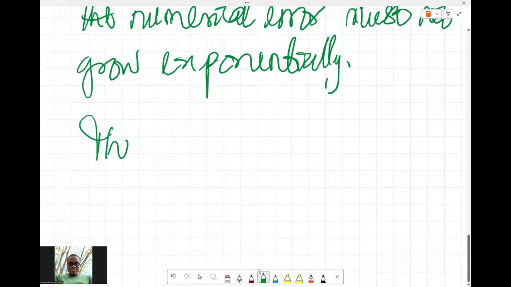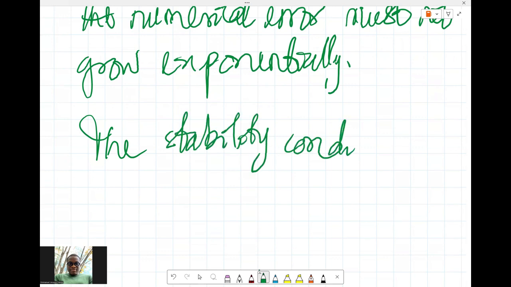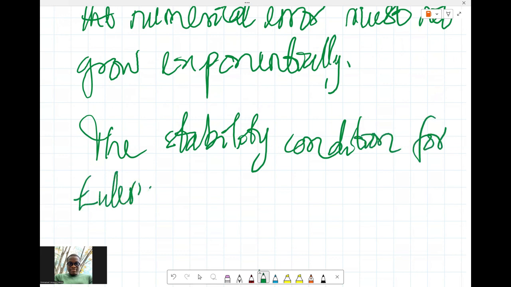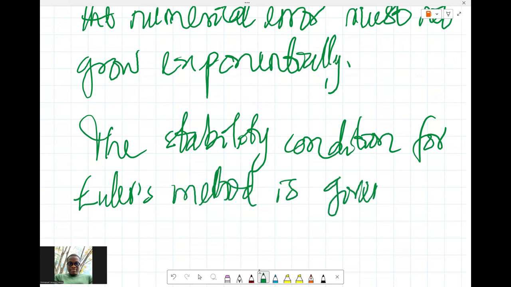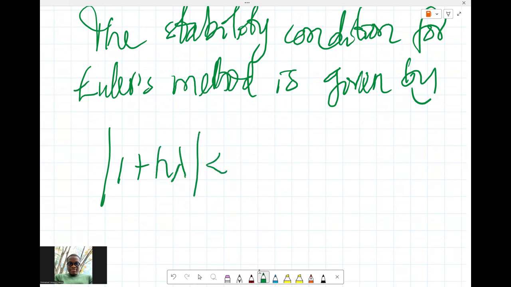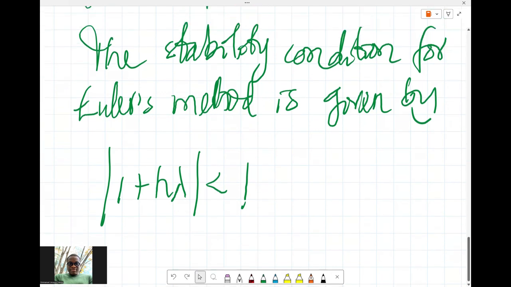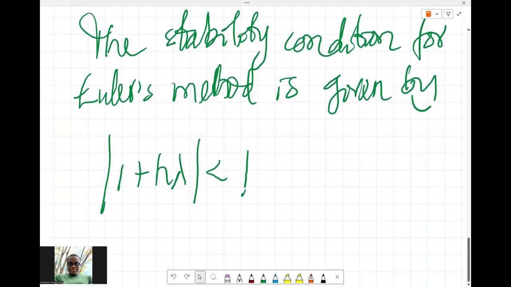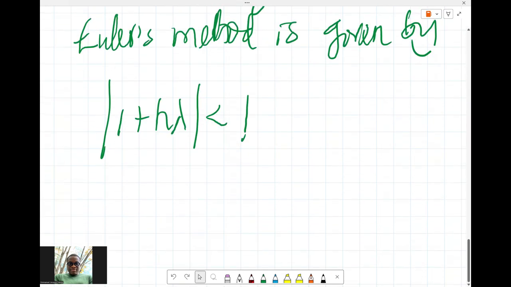So the stability condition for Euler's method is given by the absolute value of 1 plus h lambda less than 1. If this condition can be met, then we can say that the solution is stable.